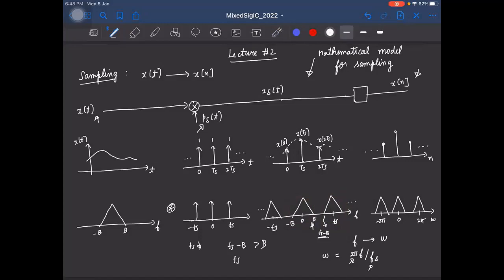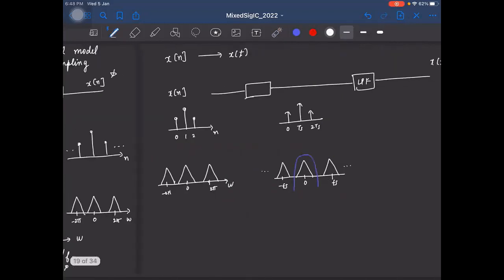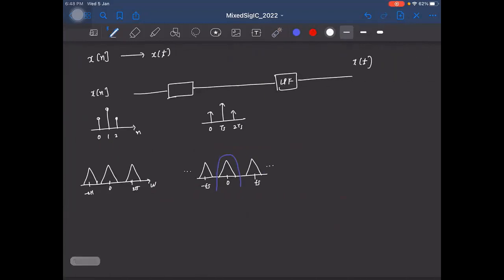So this gave the condition that fs must be greater than 2b, which is the Nyquist criteria. And we saw that if we do not satisfy the Nyquist condition, we'll have aliasing, and we'll not be able to reconstruct this continuous time signal x of t from x of n. Right?